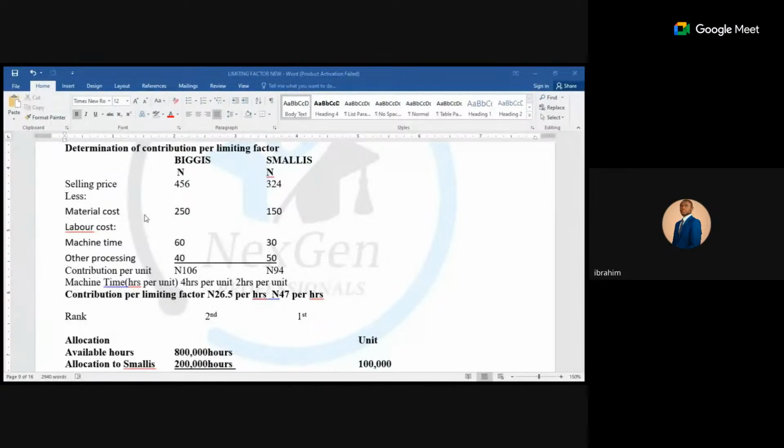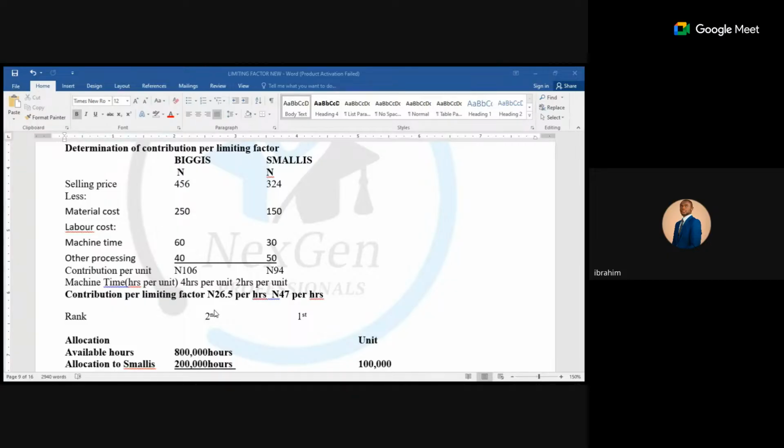There is no how you will calculate the output without identifying which of the available resources is the limiting factor.